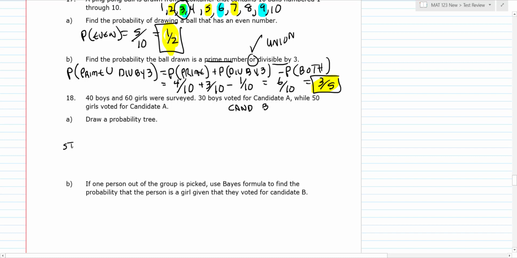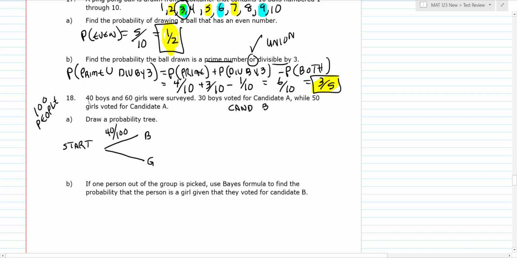So when we do the probability tree, we start like this. We're going to branch out into 2 directions. First of all, we're going to have a boy or we're going to have a girl. If you look at the probability, there's a total of 100 people in here, with 40 being boys. So I'm just going to write this as 40.